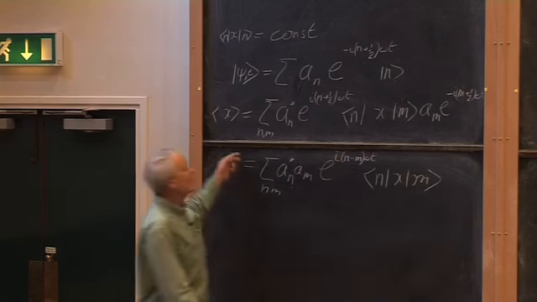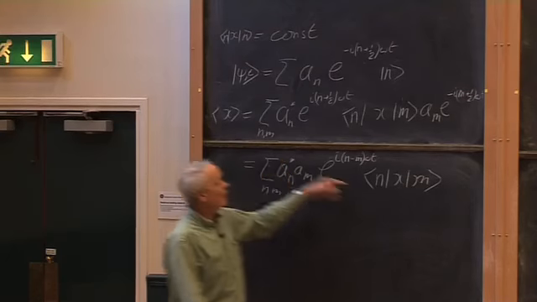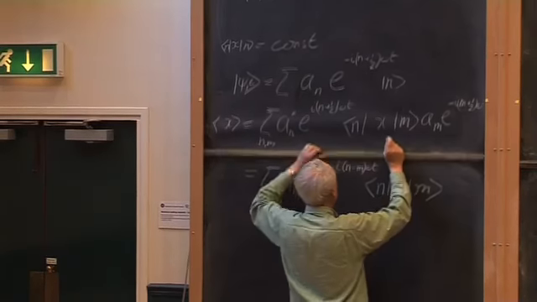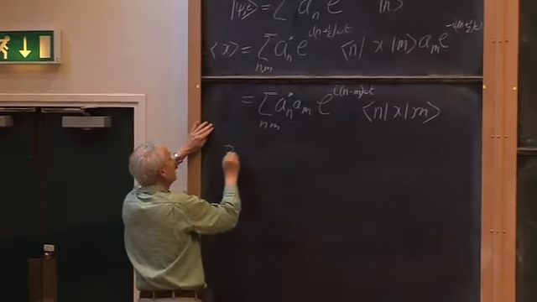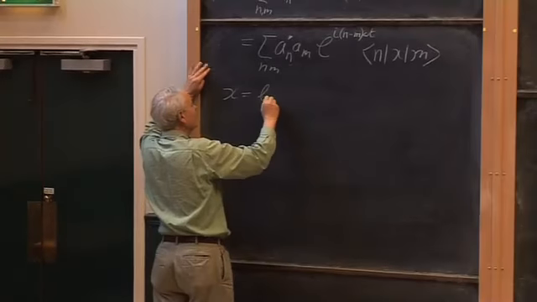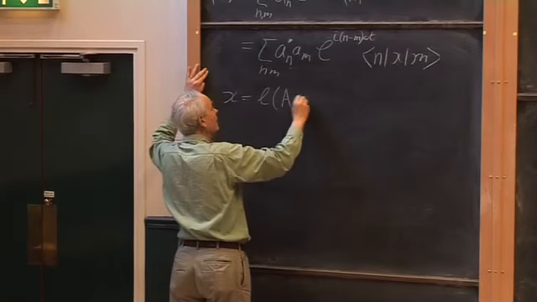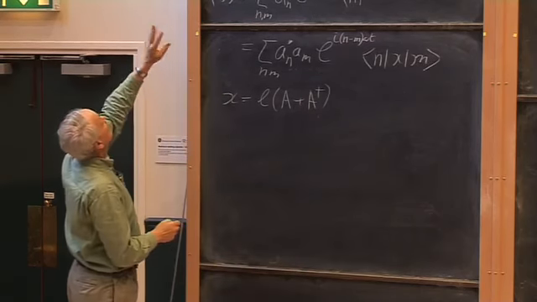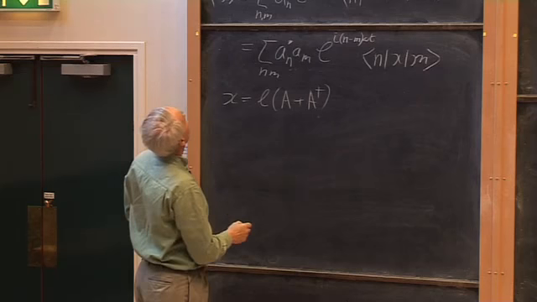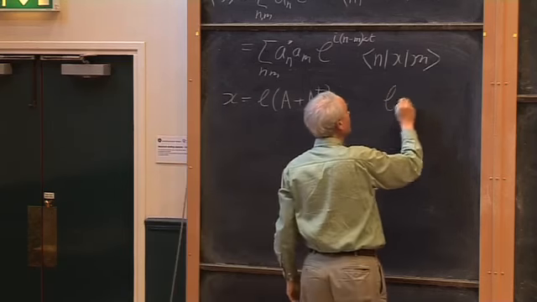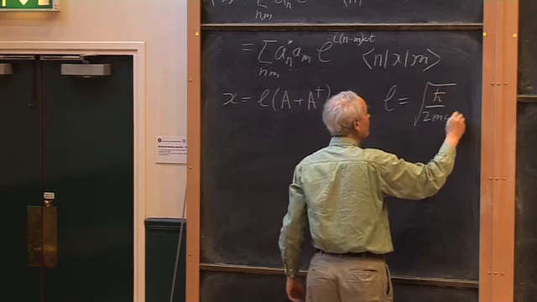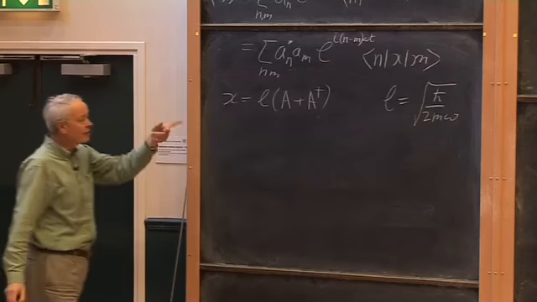And yesterday we already saw what the stylish way is to handle this expectation value here. It's to take advantage of an expression that we showed, that the operator x can be written as L times a plus a dagger, where L is the thing we were discussing earlier on. It's the square root of h bar over 2 m omega, the characteristic length.